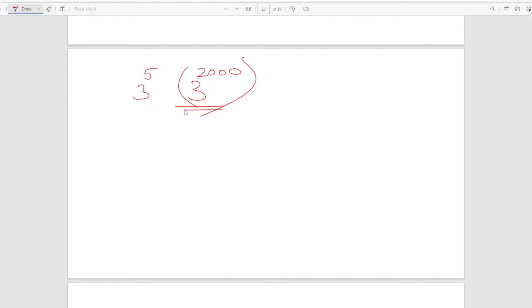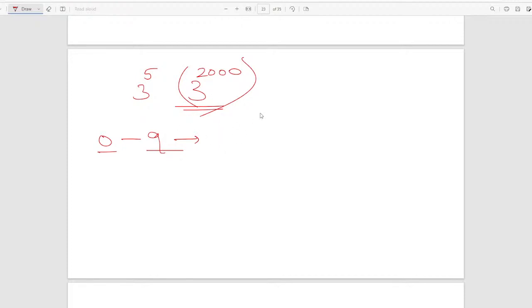To find the answers for these questions, we use cyclicity. There is a property in these digits from 0 to 9 in the units place: when you raise them to certain powers, after certain powers the units digit repeats.